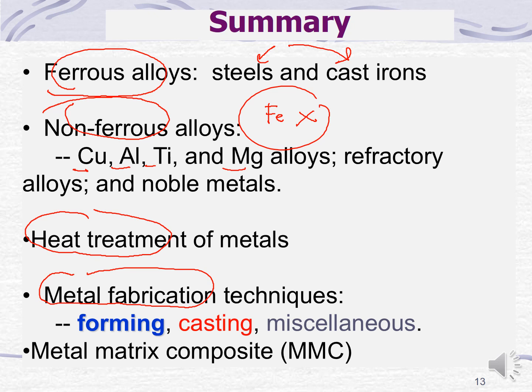And the last one, you have learned about the metal matrix composite. We need metal matrix composites in order to improve the properties of the metal alloy or pure metal.